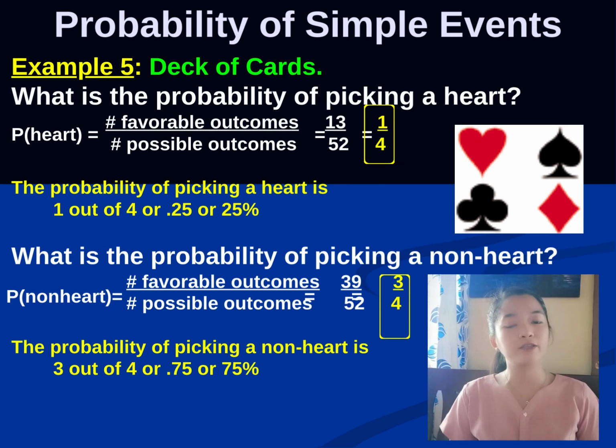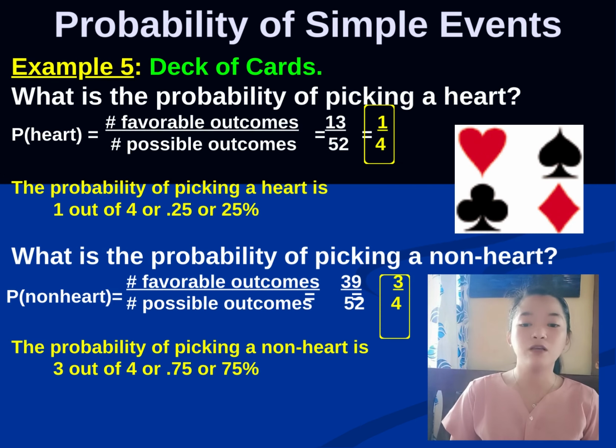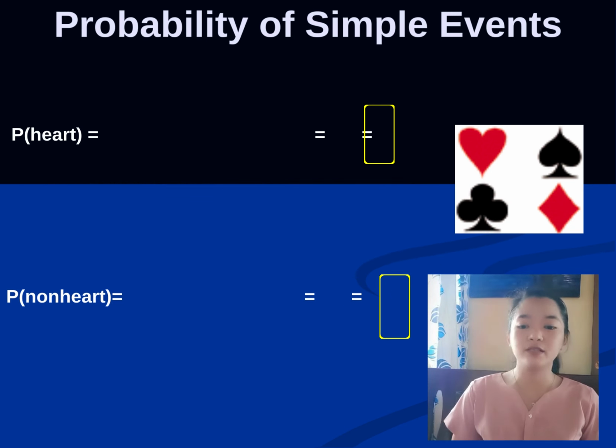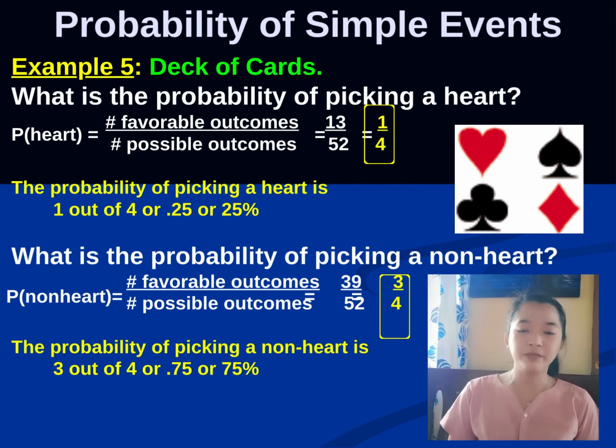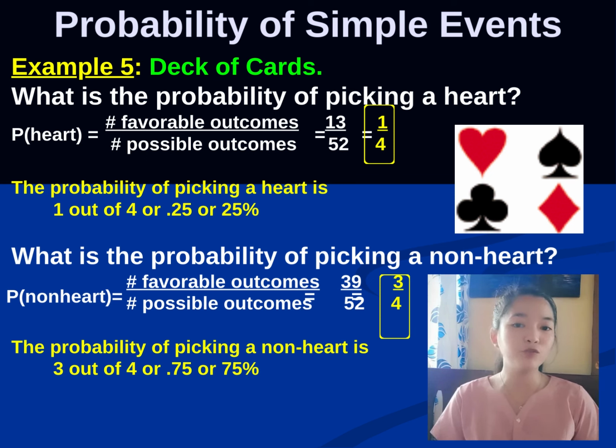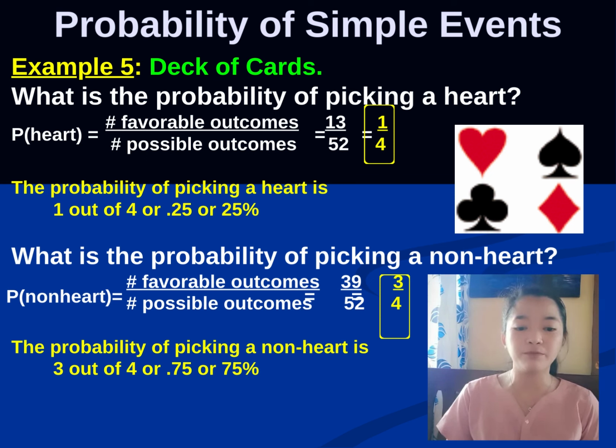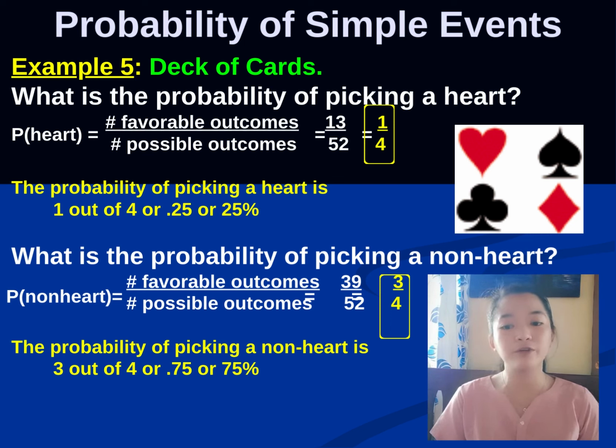Now let's proceed to our fifth example, which is deck of cards. Now the question is, what is the probability of picking a heart? In a deck of cards, we have 52 cards and 4 different shapes. So 52 divided by 4 different shapes is equal to 13. So let's use the formula.